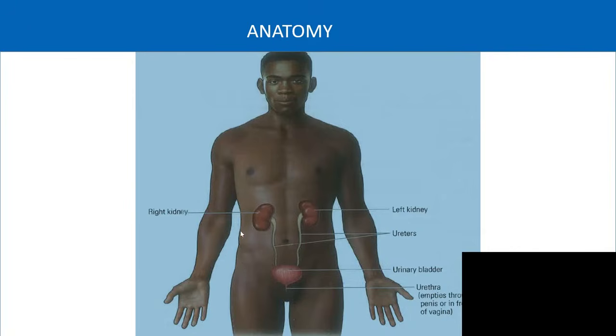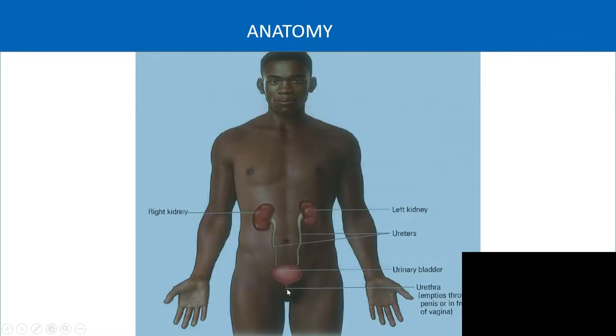These are the anatomy of the urinary system. Most of the time, while coding urinary procedures, there are three things you need to remember from the anatomical point of view. First, you need to understand we have only one urethra, one bladder, two ureters and two kidneys.